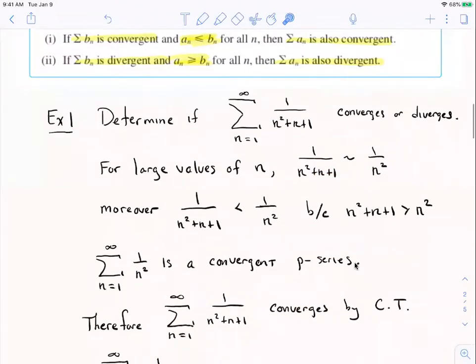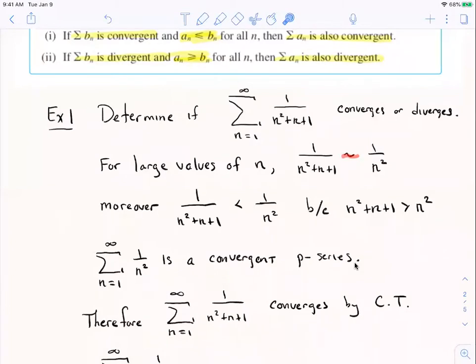So this little wiggle equals here is approximately equal, or behaves like, you can almost read this. So for large n, 1 over n squared plus n plus 1 is basically like 1 over n squared. Ignoring the lower terms, 1 over n squared plus n plus 1 is like 1 over n squared.